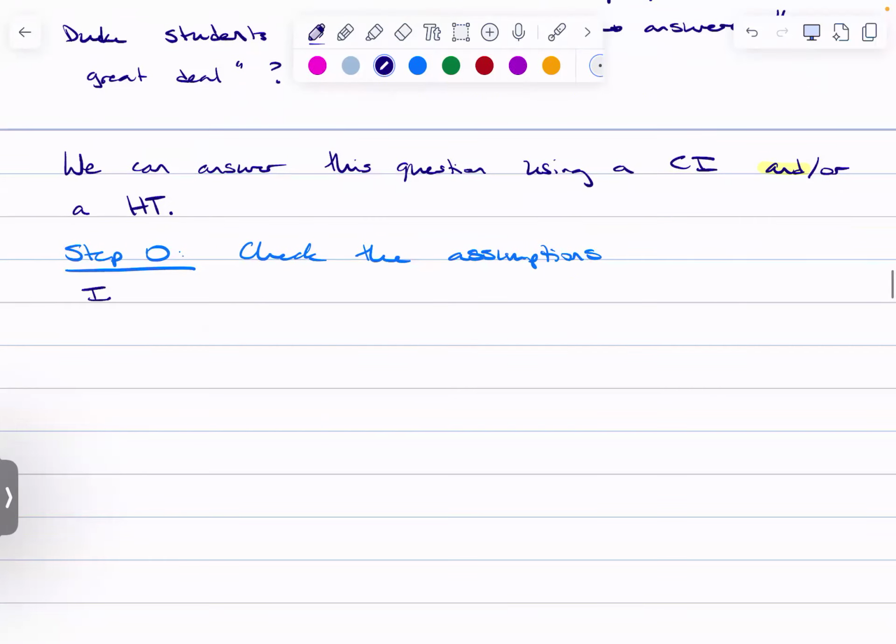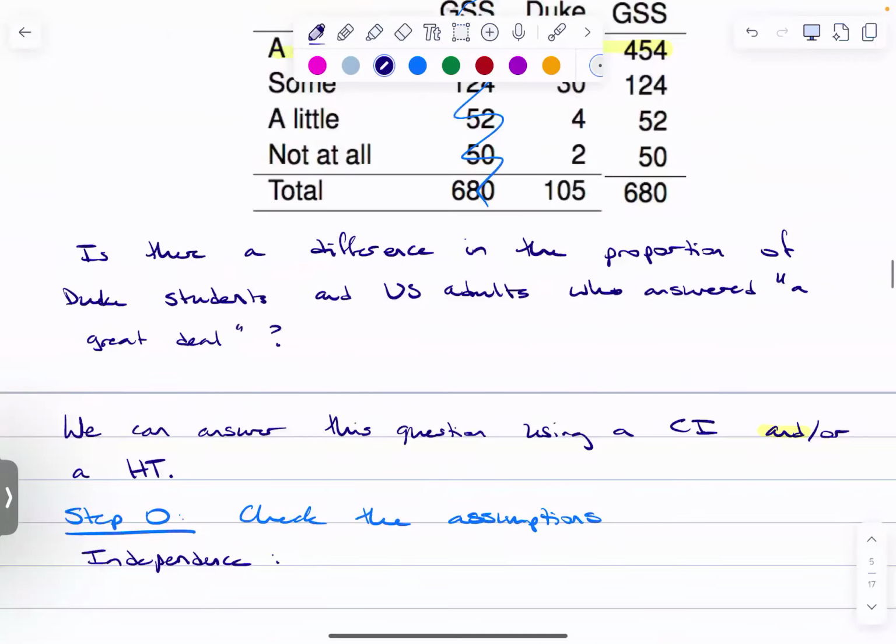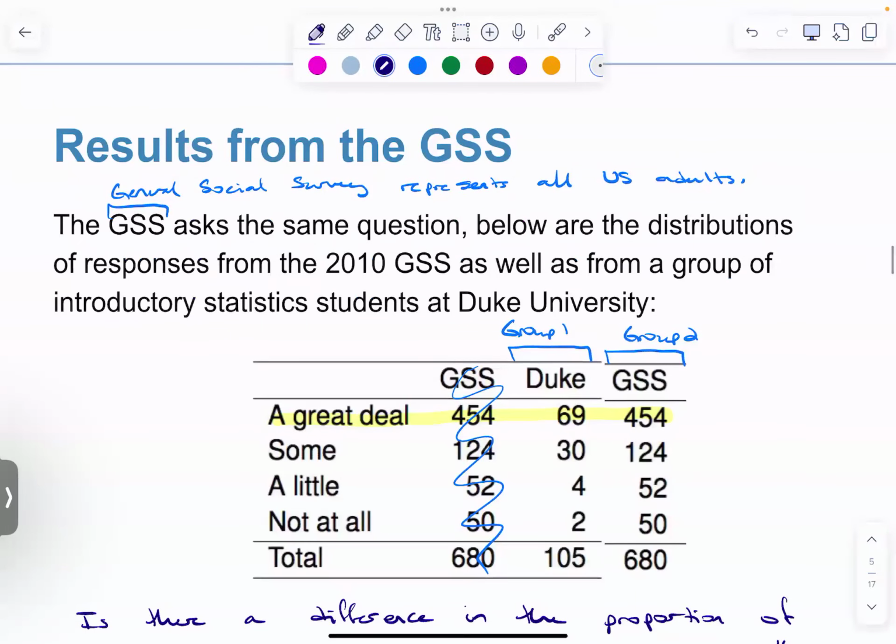And so the independence condition: the GSS asks the same question. What do we assume? We assume the GSS was selected randomly, and this group of introductory statistics students at Duke University was also randomly selected, or at least they're independent of each other. That's an assumption we have to make.